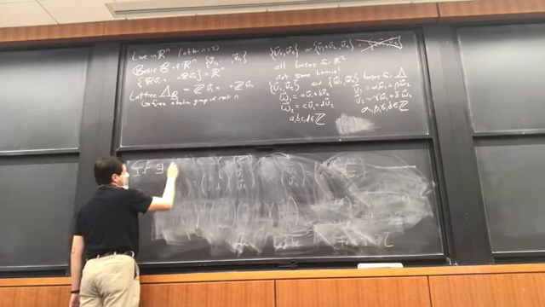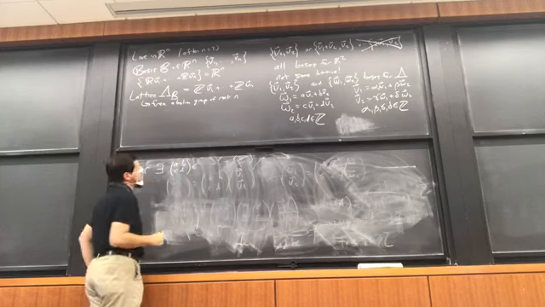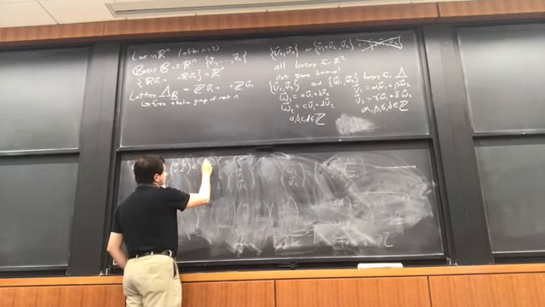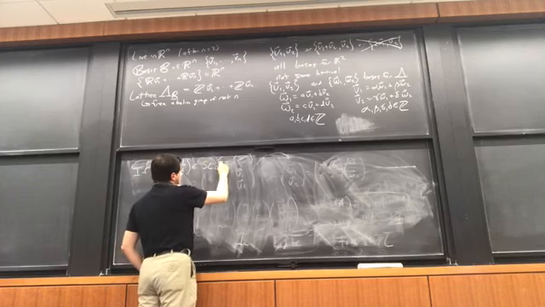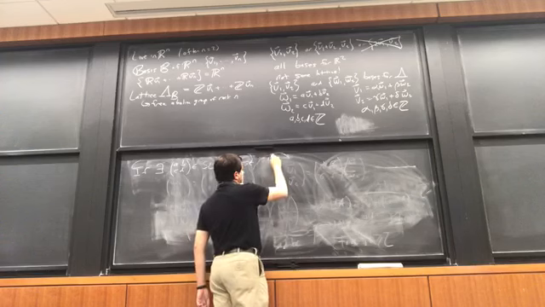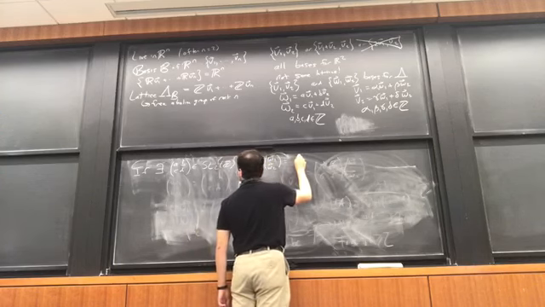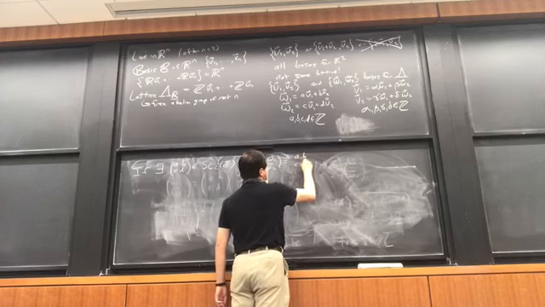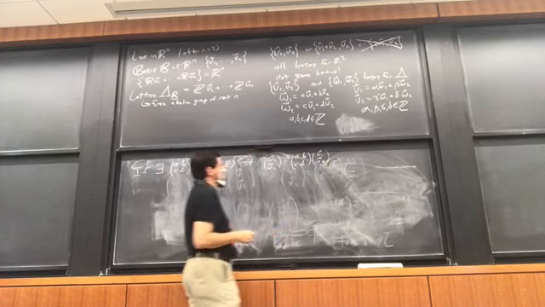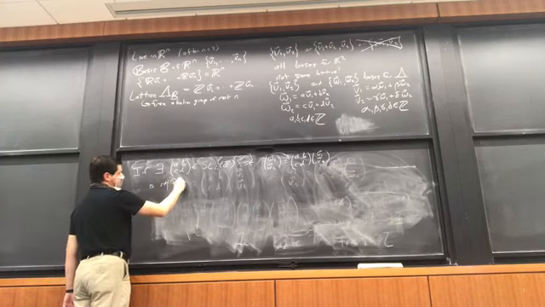If there exists A, B, C, D in SL_2(Z) such that W1, W2 equals A, B, C, D times V1, V2, is it the same lattice?